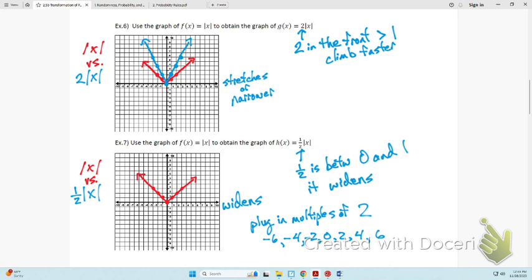Plug in 0 and you get 0. Plug in 2 and you get 1, because 2 times a half is 1. 4 times a half is 2. 6 times a half is 3. Once again, use the calculator if you need to. And we have our wider graph.